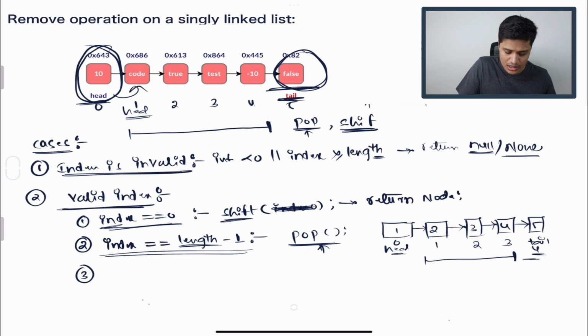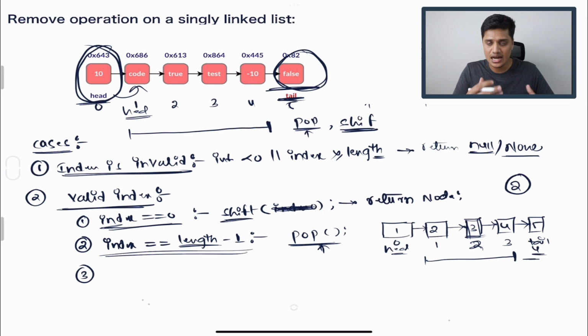Now let's assume that in our implementation the index that is given by the user is 2. So we have to delete this node with the value 3 because it is at index 2. Now to delete this node, we have to make sure that whatever the next pointers that we are keeping track of in each and every node, we update them. So to do that, first we will get the node that is at the index given by the user minus 1th position.